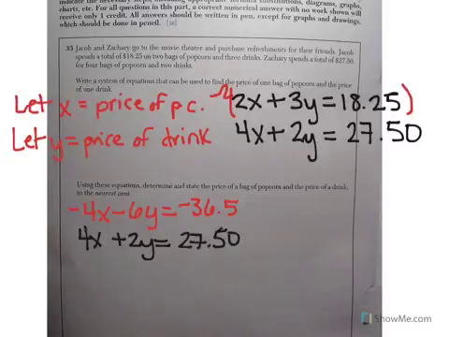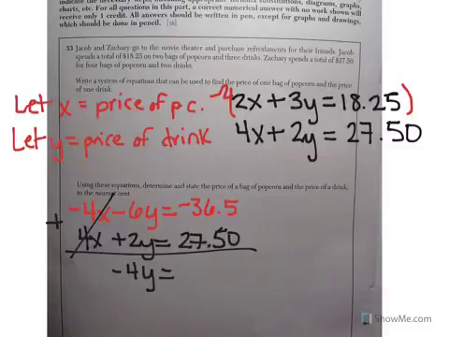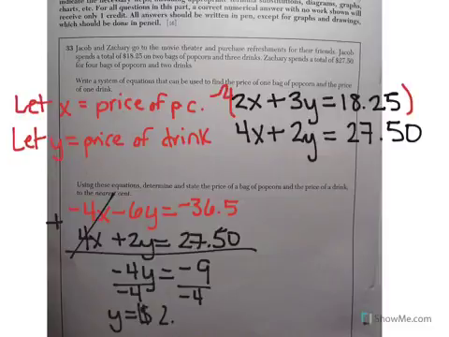When you're solving by elimination, you're going to add the 2 equations together. The x's will cancel. When you add the y's, you'll end up with -4y equals -9. Then you're going to want to divide by -4 to get y alone. And your y is going to equal 2.25. And this is the price of 1 drink.